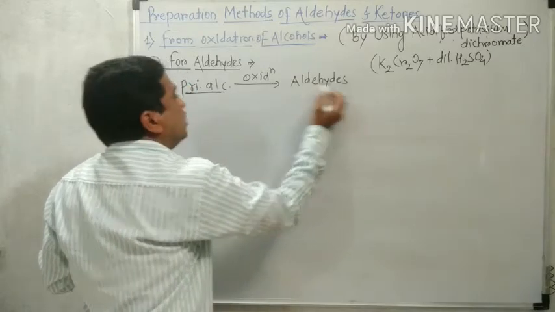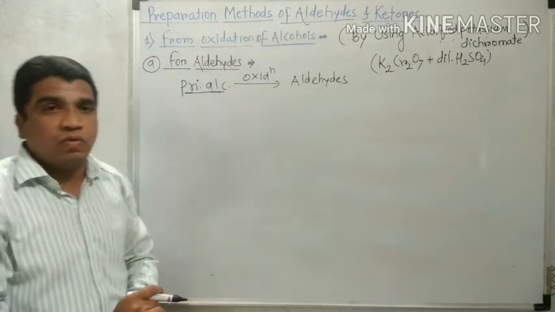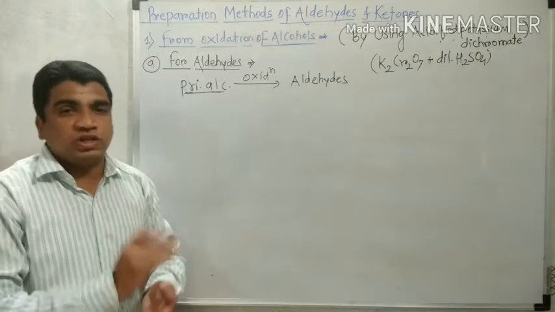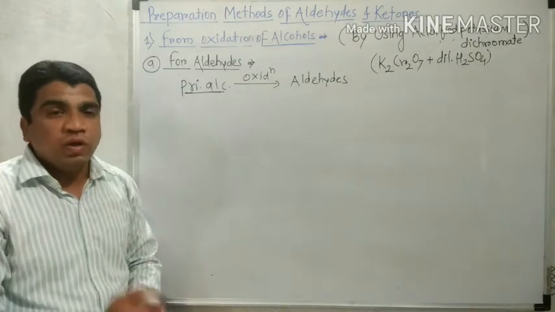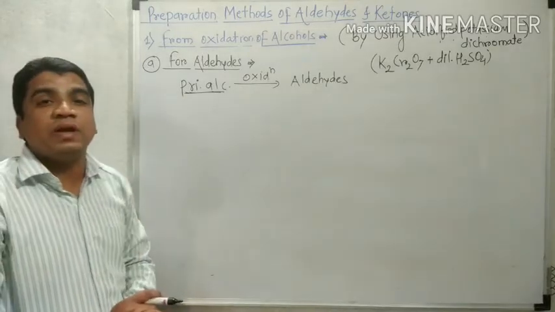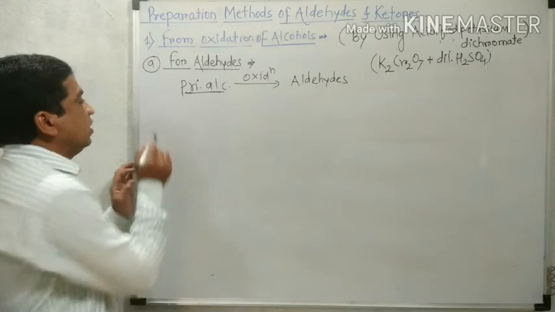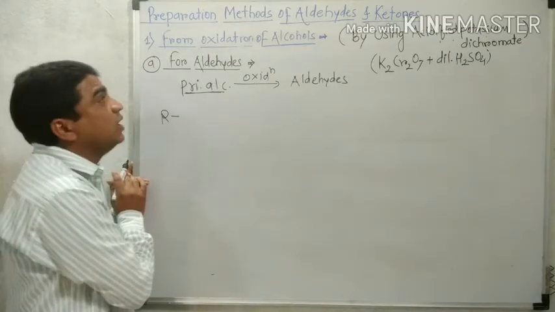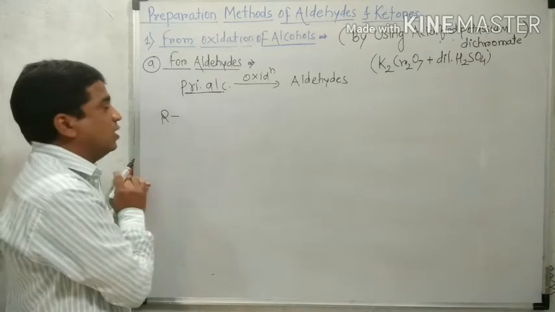So what is a primary alcohol? It is the type of alcohol in which the OH functional group is attached to a primary carbon, therefore it is called a primary alcohol. This is the general reaction for the preparation of aldehyde from primary alcohol.